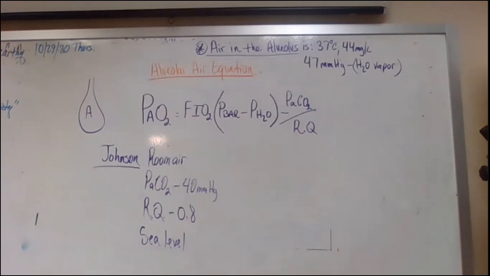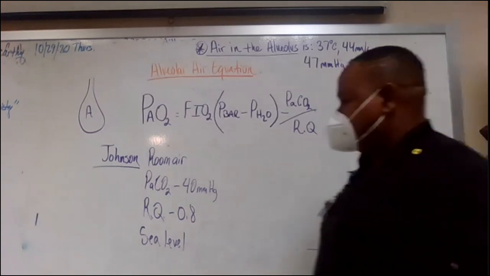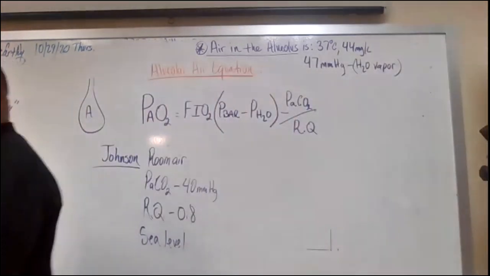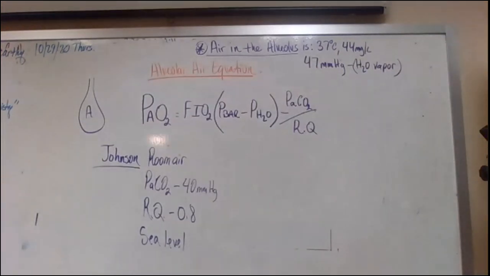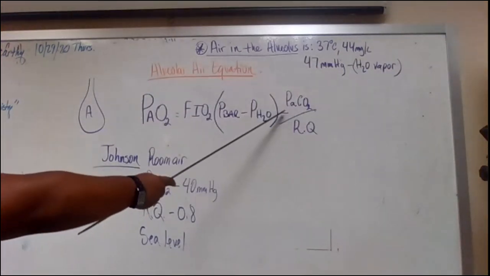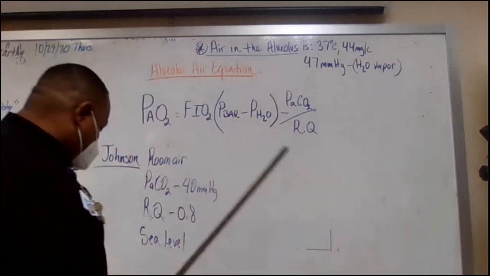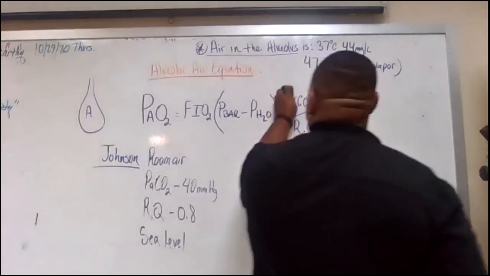Divided by what's the RQ? 0.8. That's all. What's in parentheses first? Where is that at? Right here? Yeah, that's mine. I'll scoot it over for y'all a little bit.